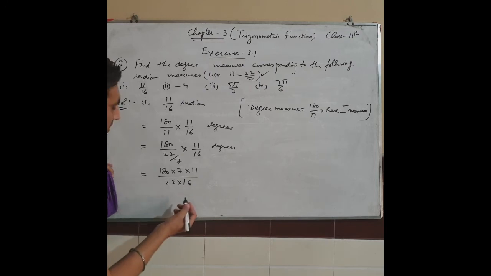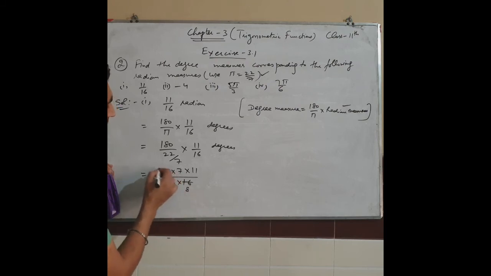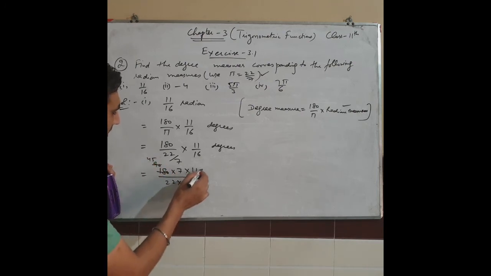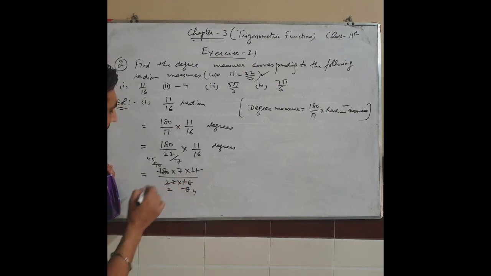And if cancellation is possible, you can cancel. I will try to cancel it with the table of 2, 2 into 8, 16, 2 into 90, 180. Again it will go on to 4, 45. Further, there is no possibility of cancellation. 11 you can cancel with 22, you have 2 here.